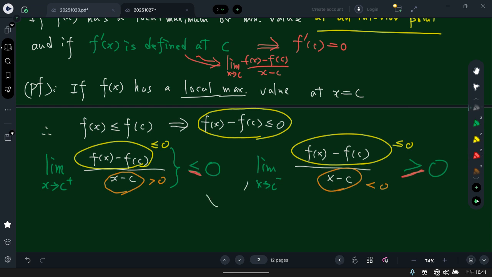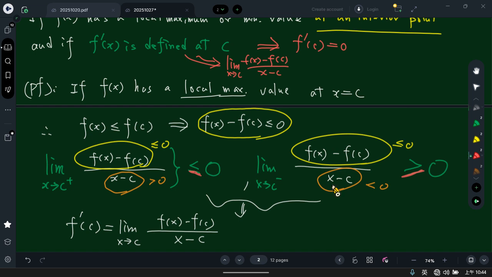So based on these two, we can conclude that f prime c, equal to the limit as x approaches c of f of x minus f of c divided by x minus c, should be 0 only, because this exists, and when we analyze it from two aspects, one from c plus, one from c minus, this part will be less than or equal to 0 and this part is larger than or equal to 0.